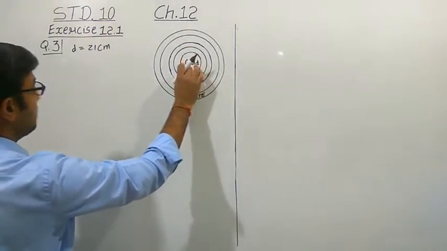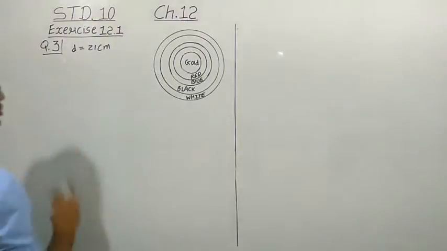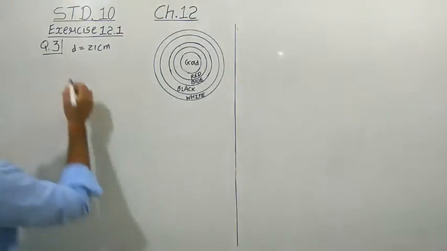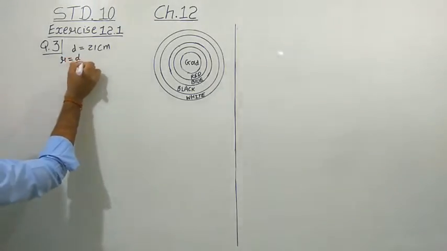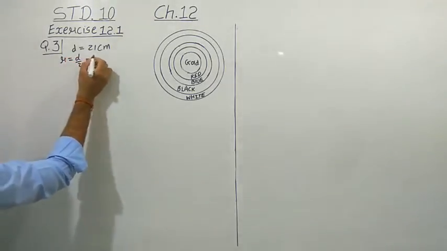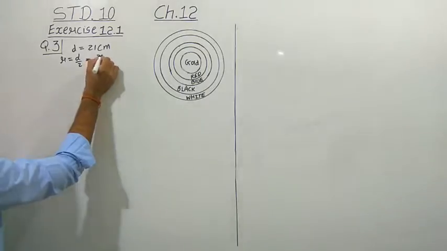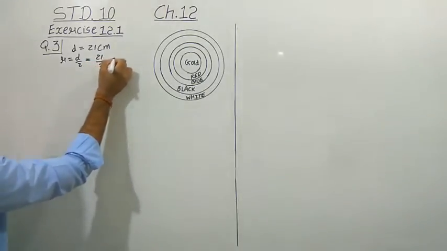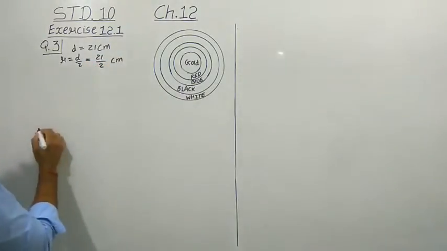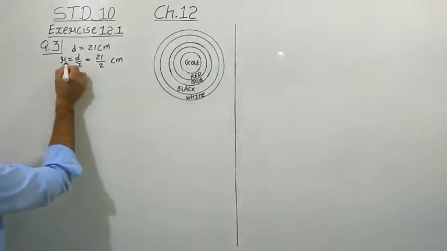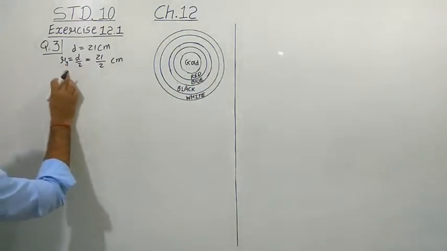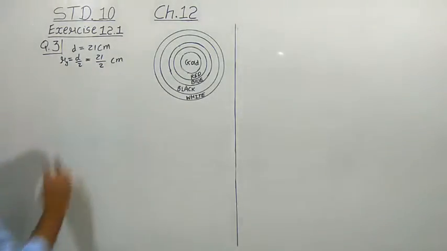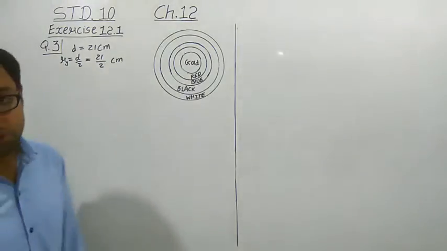For this gold region, we are given the diameter equal to 21 centimeter. So we can take the radius, which we know is diameter upon 2. So here we get the radius equal to 21 upon 2 centimeter. This radius is for the gold, so we can write RG, the radius of the gold region, equal to 21 upon 2 centimeter.